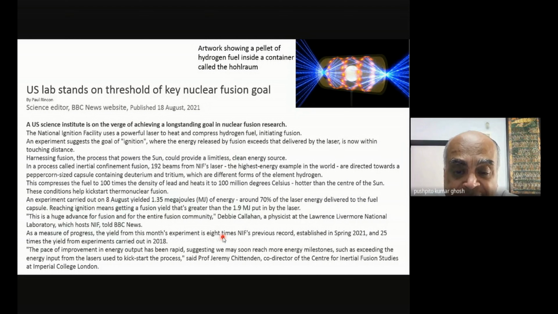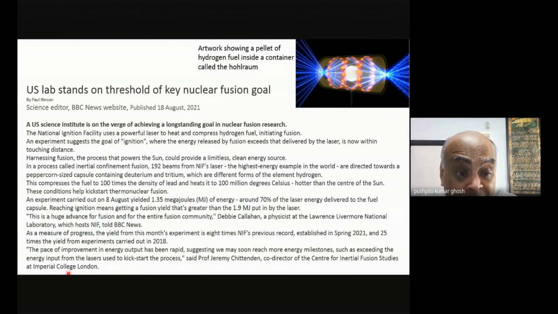It is 8 times NIF's previous record established in spring 2021 and 25 times the yield from experiments carried out in 2018. In other words, in 3 years they have improved the performance by 25 times, but they have still not reached the ignition point.